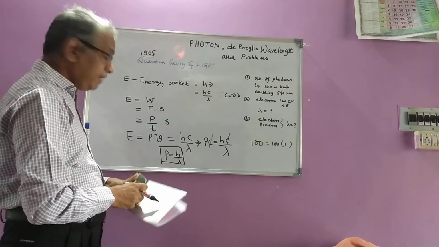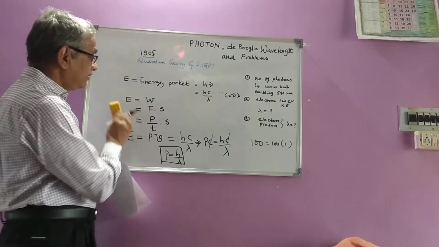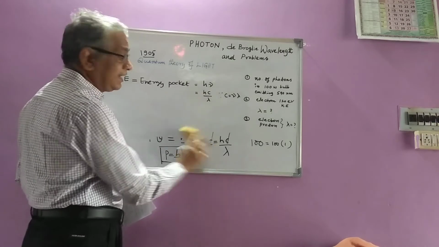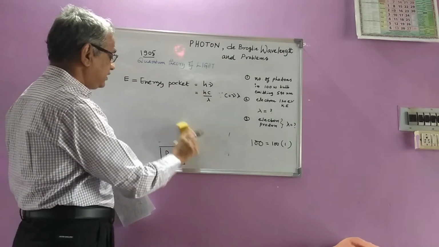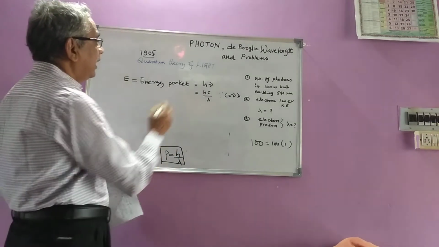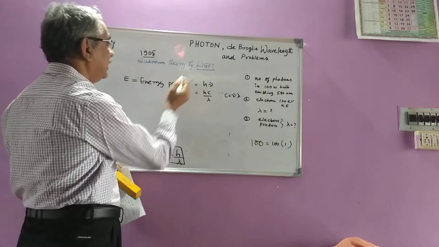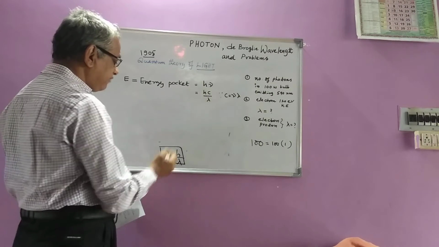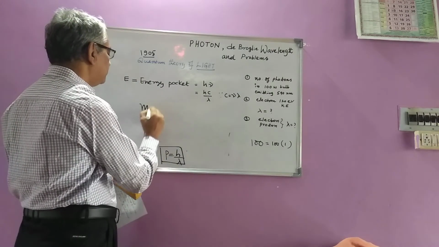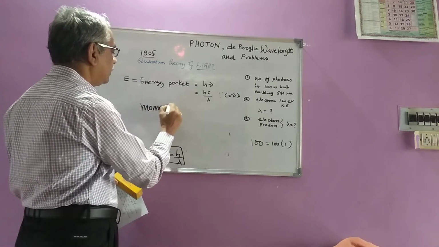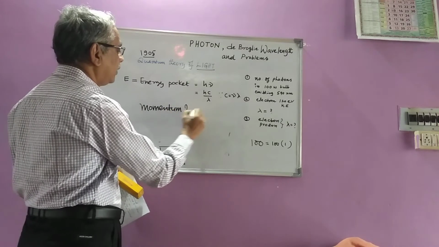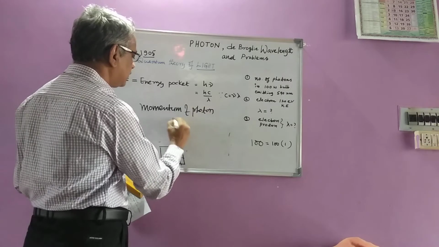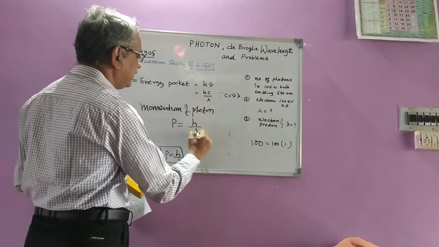Now, a very important question one may get. I am talking about light. Light consists of energy represented by this, and finally I got momentum of photon, P is equal to h by lambda.